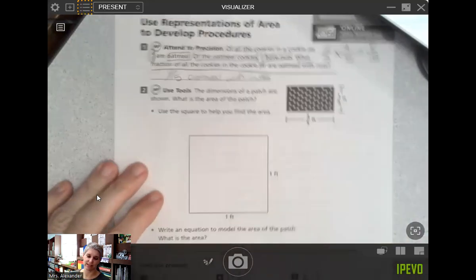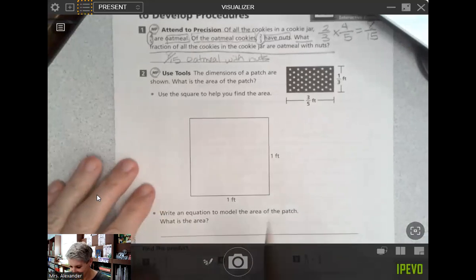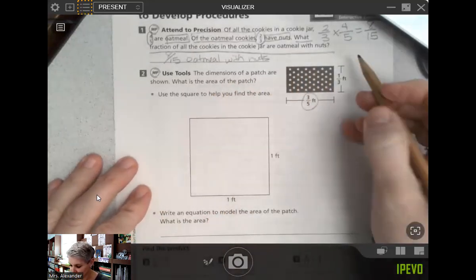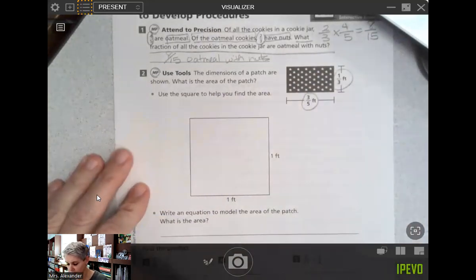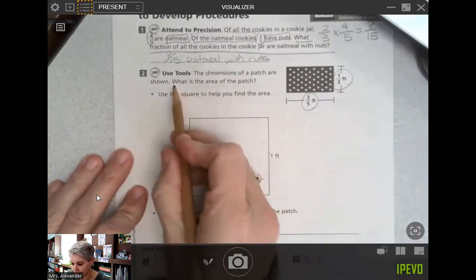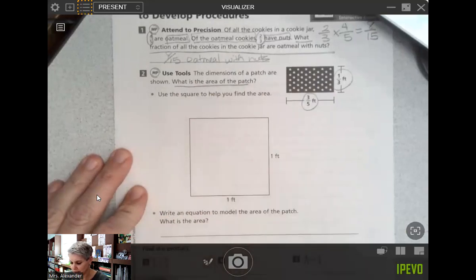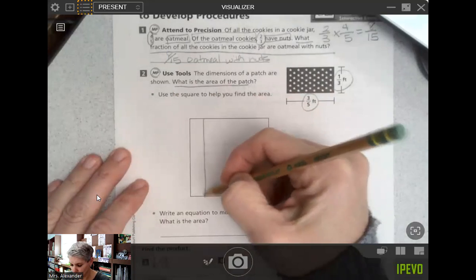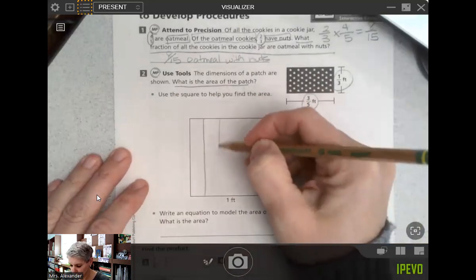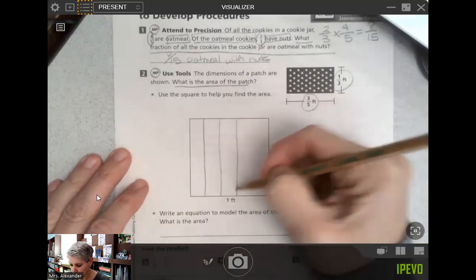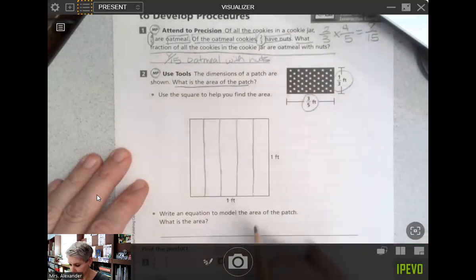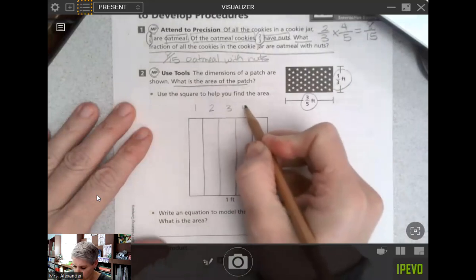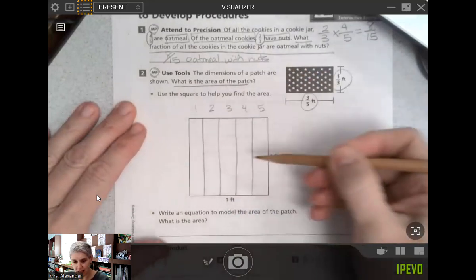Here we go. Now, this looks like what we did today, right? The dimensions of a patch are shown: 3/5 feet and 1/3 feet. What is the area of the patch? And we're going to use the square to help us. So for 3/5, I'm going to divide it into 1, 2, 3, 4, 5, and I'm going to number those like I did in class, just to show I have 5 columns.